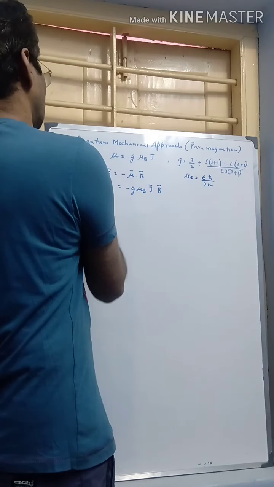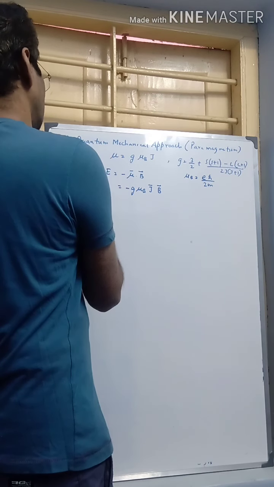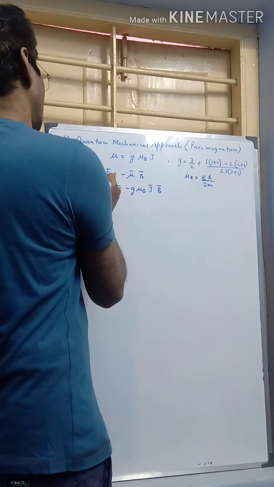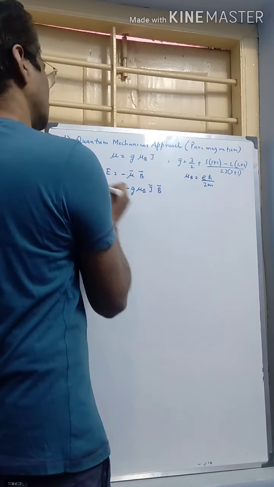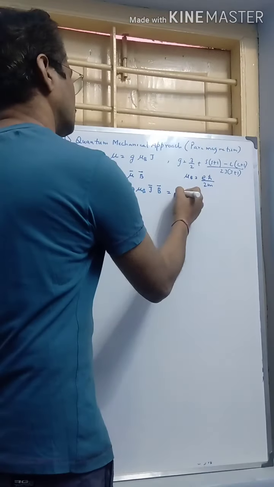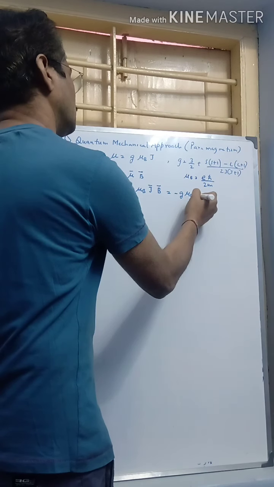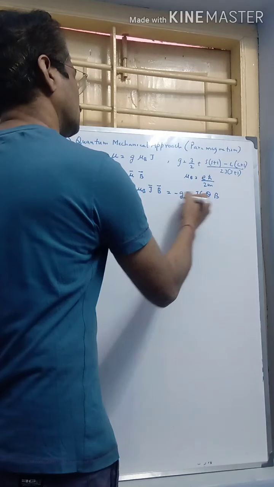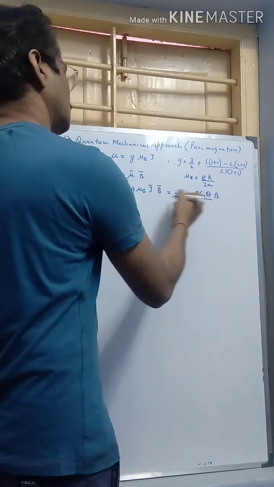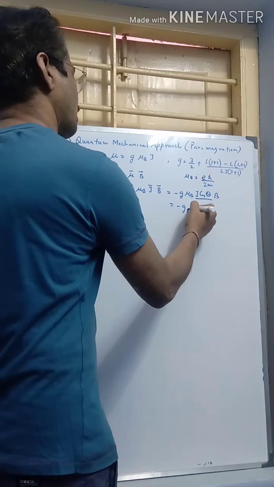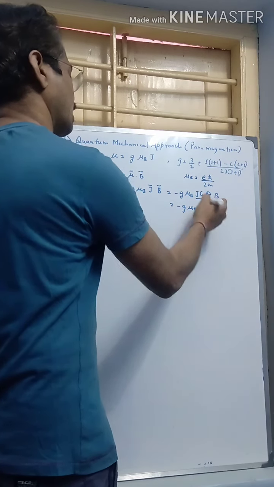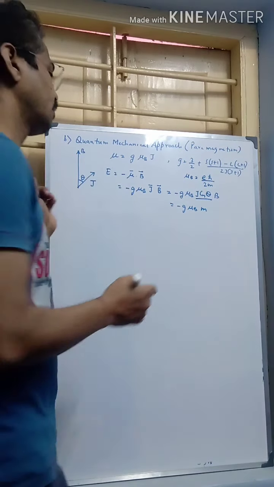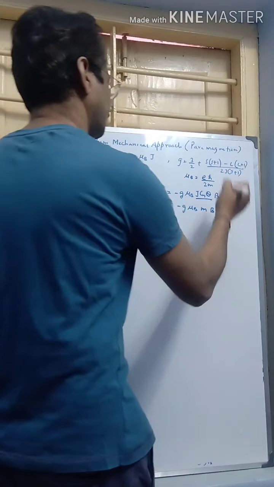Let's say the external magnetic field is along this, and this is J. So if the angle is theta, then we can write this as minus g mu_B J cos theta B, which is equal to, what is J cos theta? This is equal to M, the magnetic quantum number, times B.